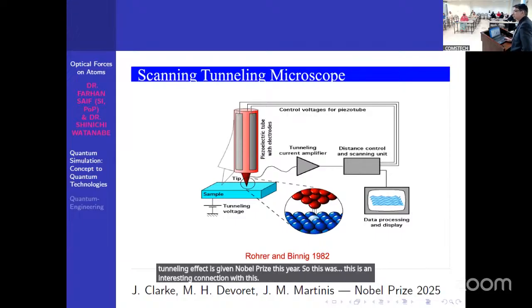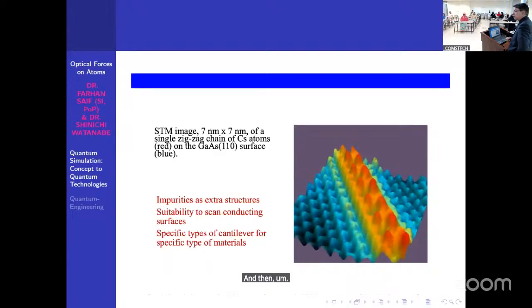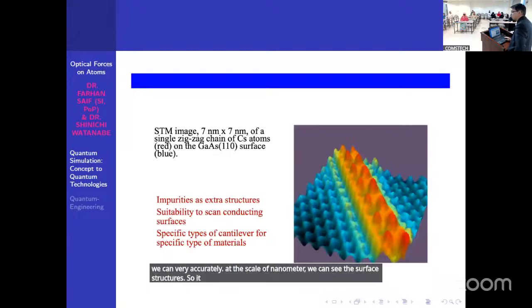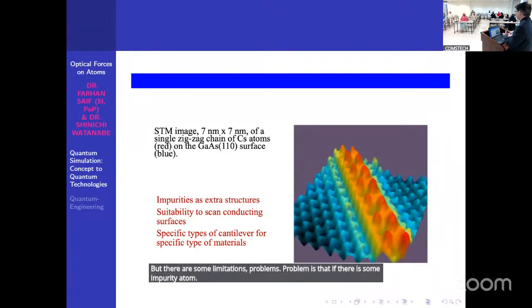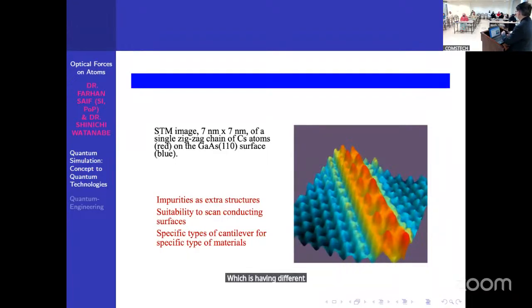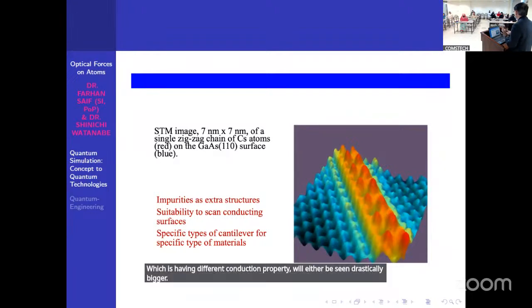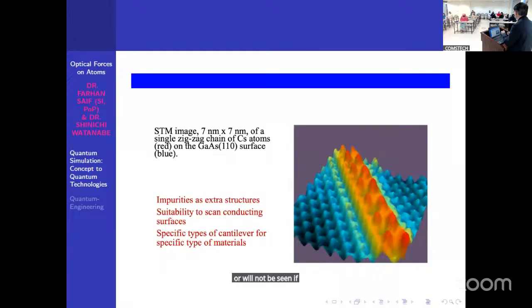Using this technique, we can very accurately, at the scale of a nanometer, see the surface structures. So it's a very useful technique. But there are some limitations and problems. The problem is that if there is some impurity atom which has a different conduction property, it will either be seen drastically bigger or will not be seen if it can't tunnel an electron.